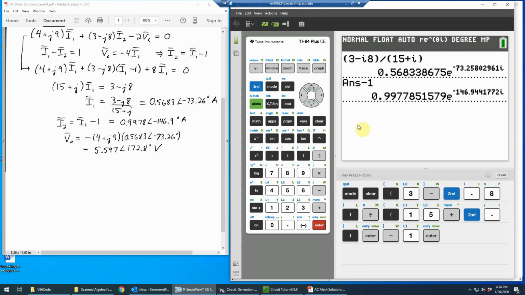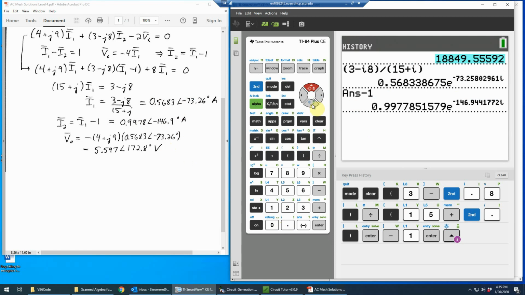Since I've got the calculator out here, I want actually this value. So I'll just re-enter that. Although I could actually go up just for simplicity here and select this. Now remember, I cannot select the answer, unfortunately, because that's in the wrong form. If I select that to copy it down, it will not work correctly.